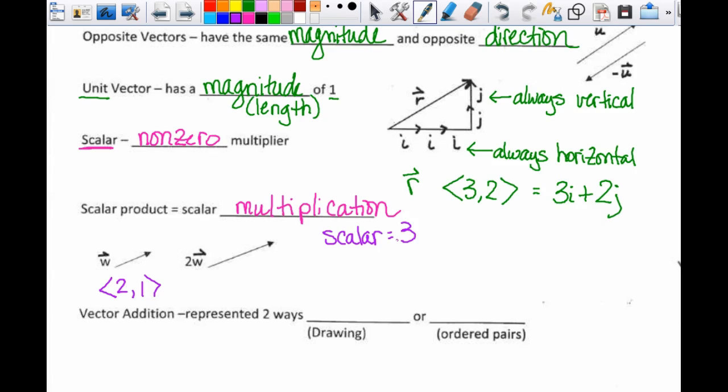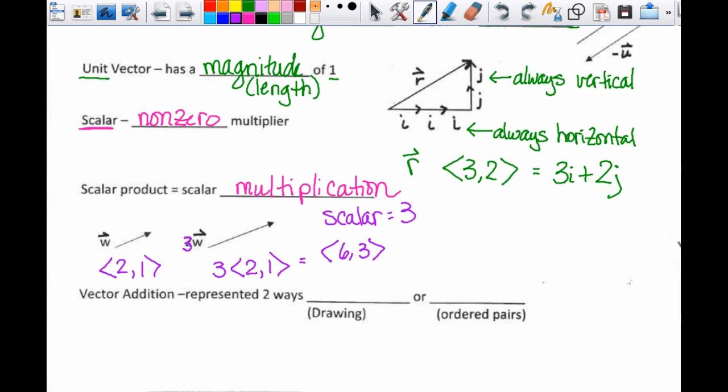To me, it's a scalar multiplier, but it's a scalar. Then 3W is going to be 3 times 2, 1, and you literally just distribute, which gives you 6, 3. That make sense? It's like doing a dilation. You just multiply it through. Easy enough.